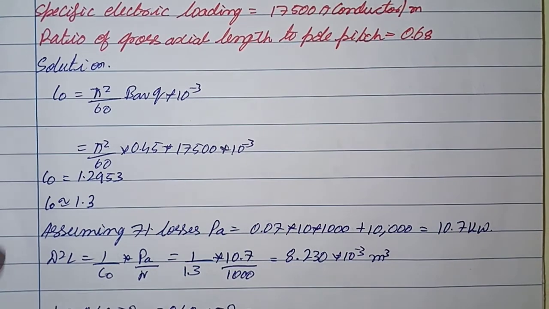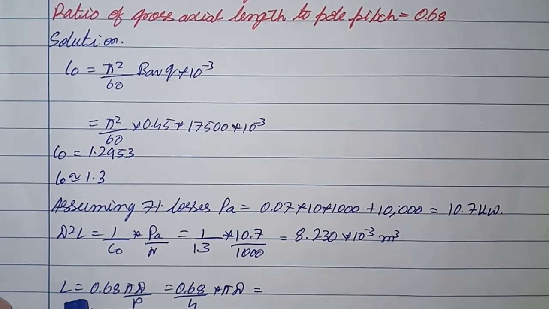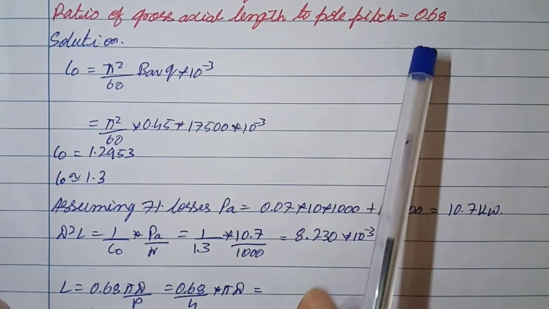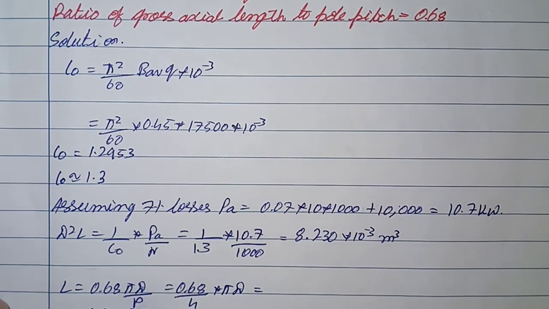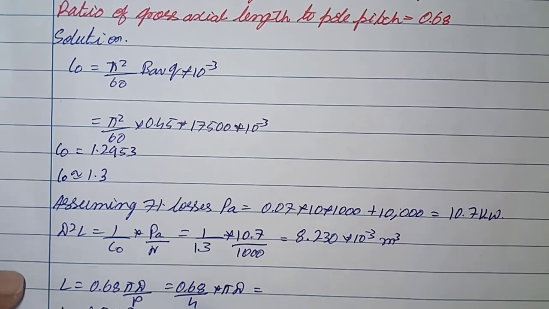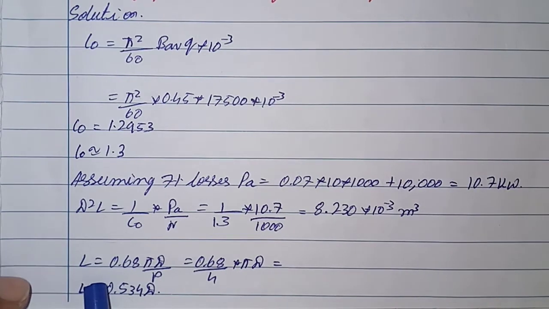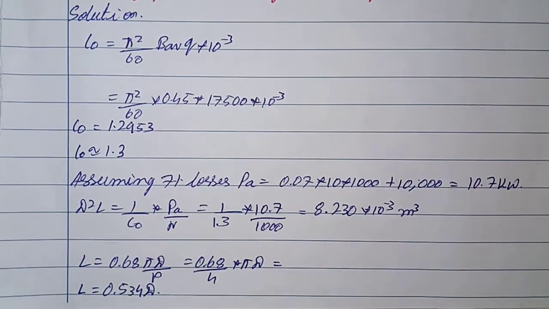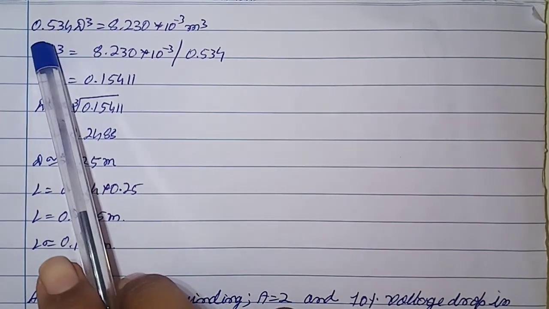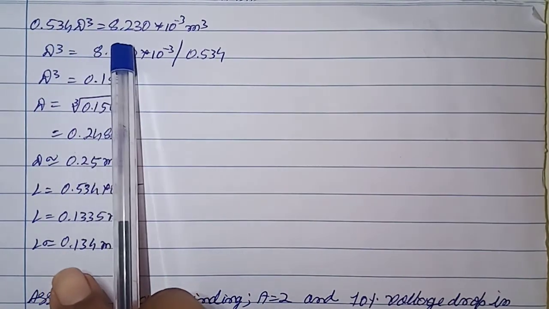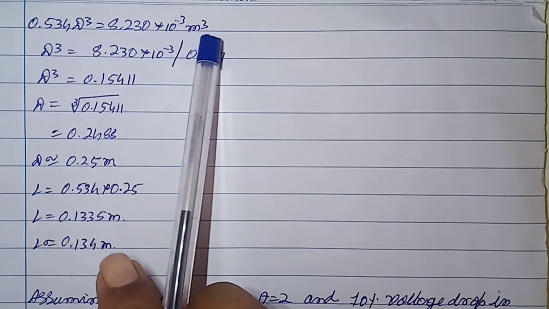Then we have the basic equation L is equal to psi pi D by P, where psi is given, the ratio, which is 0.68 into pi D by P. P is 4. When we substitute, we get L is equal to 0.534 D. So 0.534 D cube is equal to 8.23 into 10 raised to minus 3 meter cube.